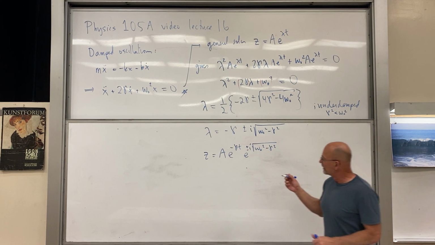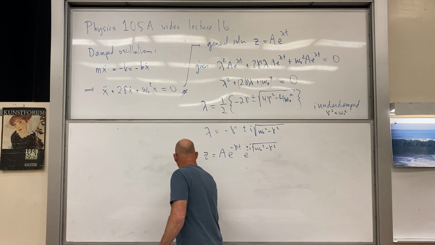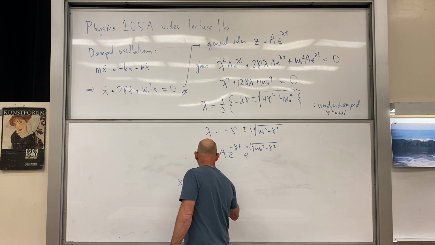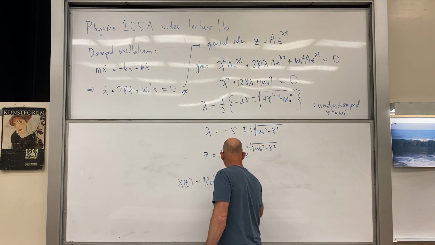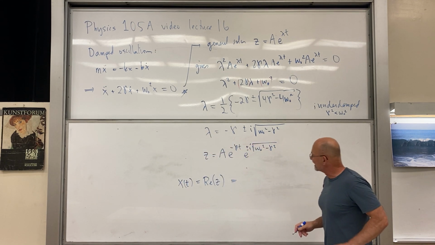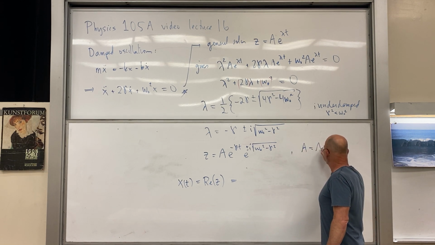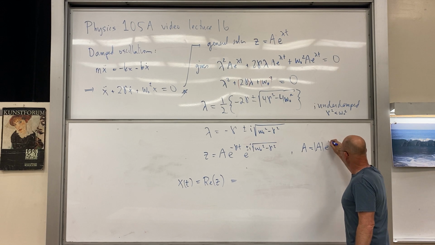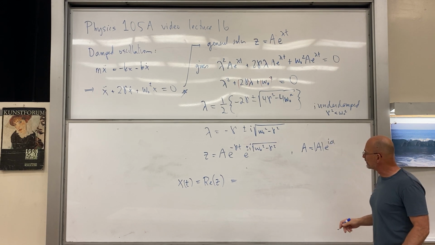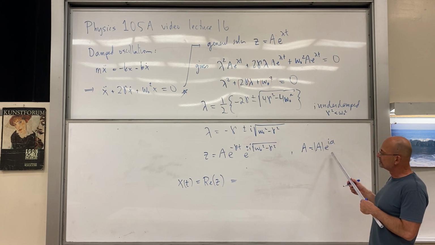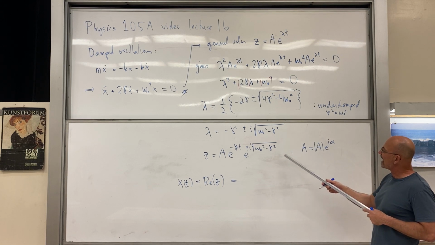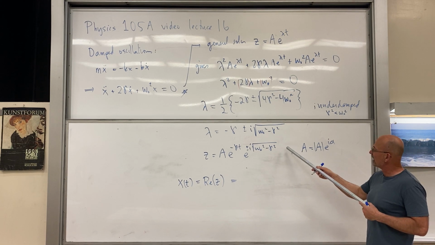So finally, real part, so x of t equals the real part of z here. And I'm going to do that same trick I did where I have A equals magnitude of A e to the i alpha, which is something we can do for any complex number. And so I'm going to have an e to the i alpha multiplied in there as well.